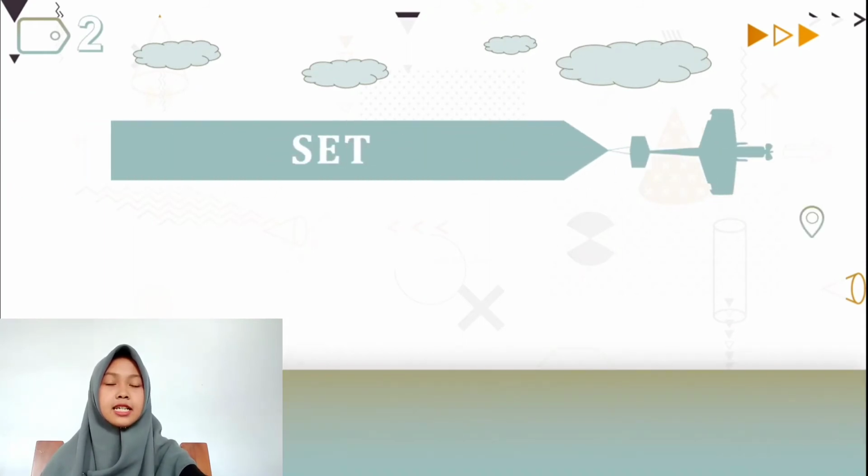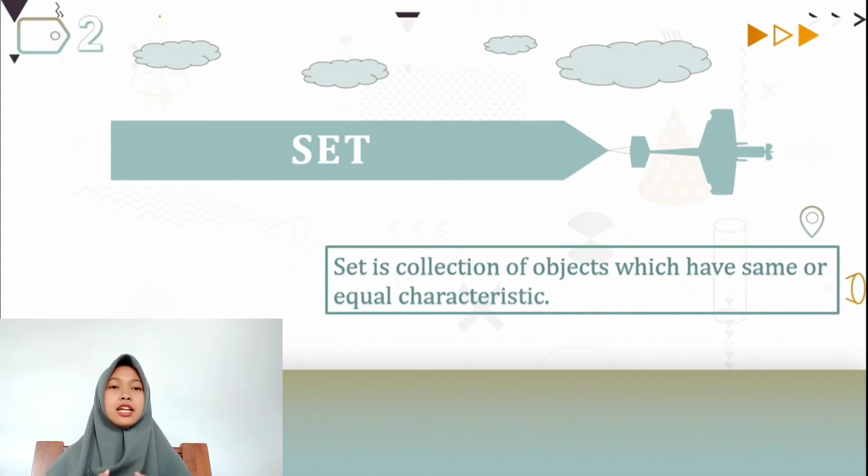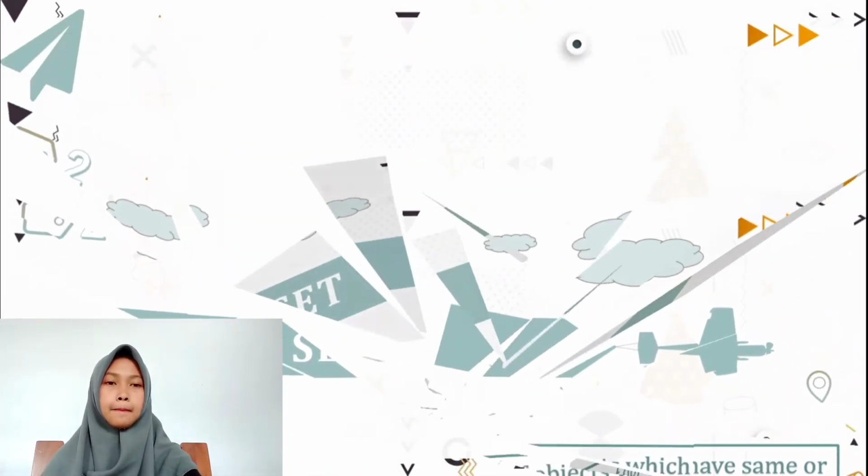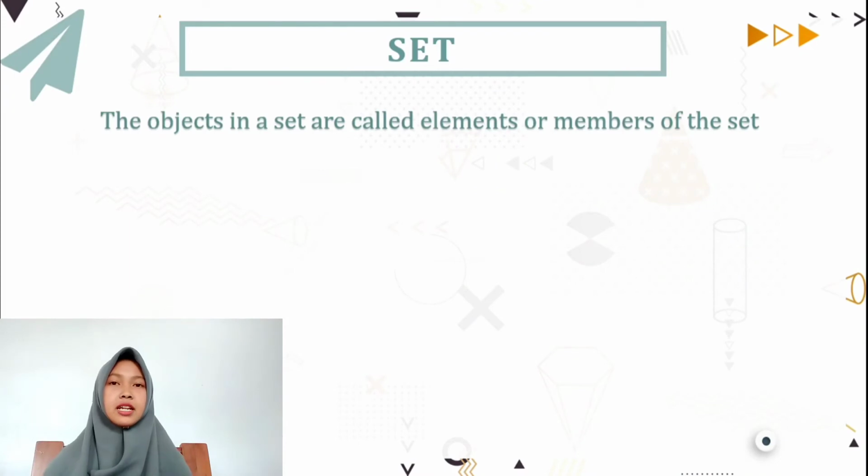And then the second topic is about sets. A set is a collection of objects which have some equal characteristic. The objects in a set are called elements or members of the set.